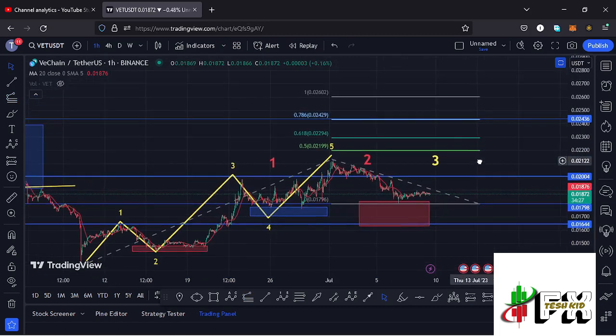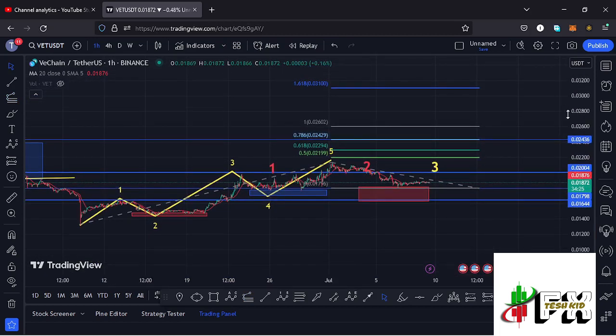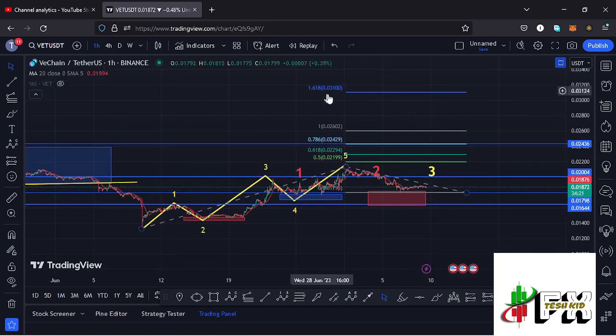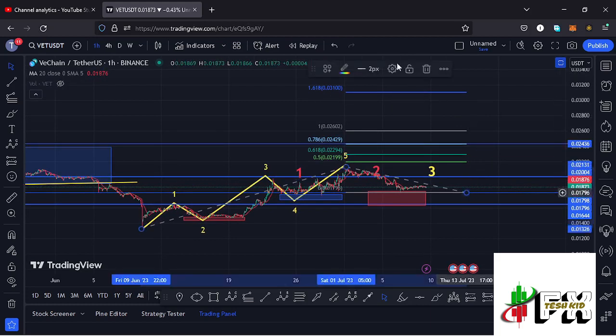That now gives me a minimum target area at the Fib level 1.618, and that is at around the $0.0310 mark, and that is the minimum that we can expect that wave 3 to the upper side to do.